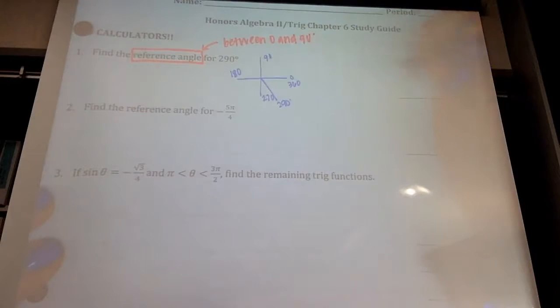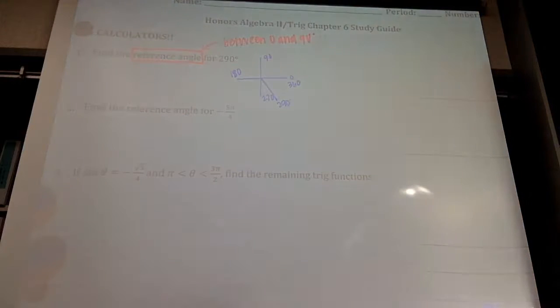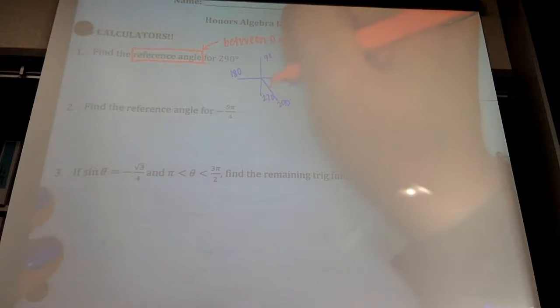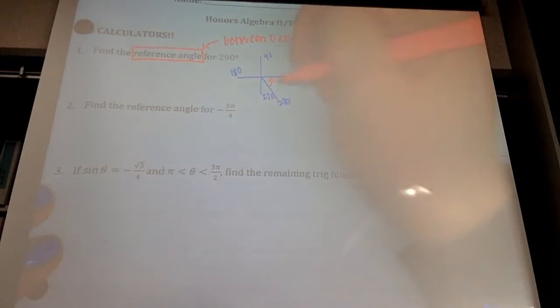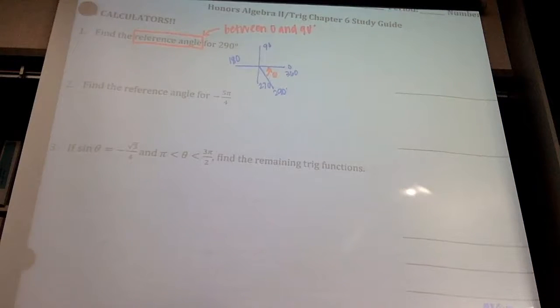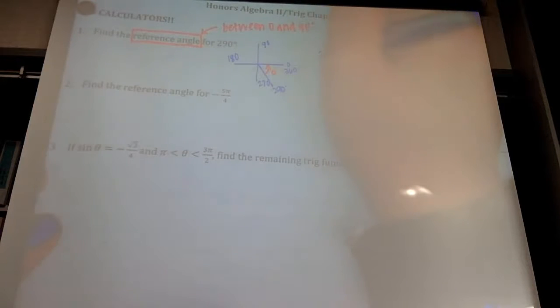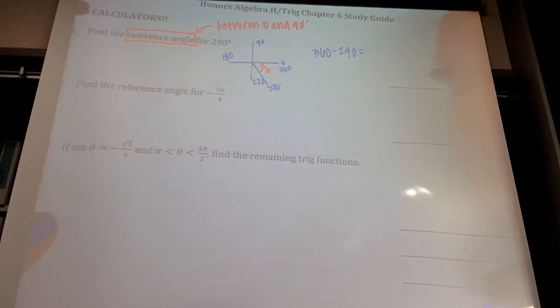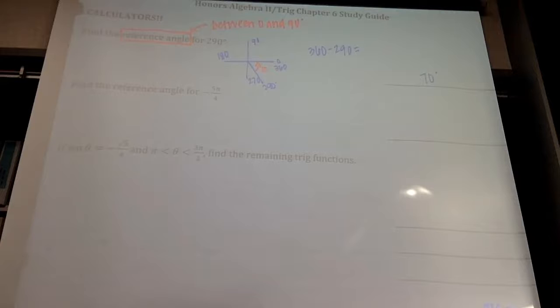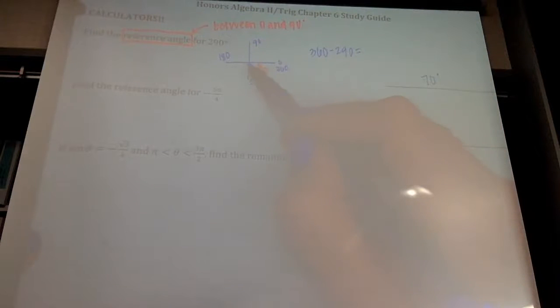And so to find the reference angle, it's essentially saying take your end angle and go back to the x-axis. And so our closest x-axis is 360. So to find our reference angle, all we would have to do is 360 minus 290, and we would get 70 degrees.